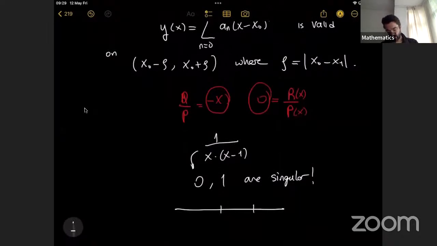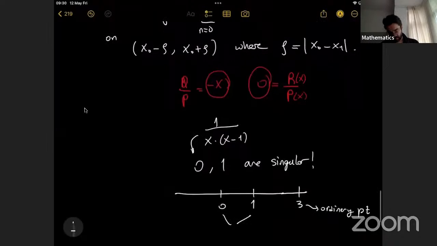For instance, you take 3. It's an ordinary point. 0 and 1 are singular points for this function, and you are going to expand the series around 3.